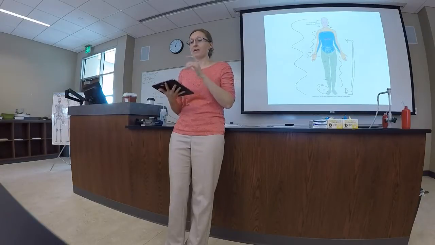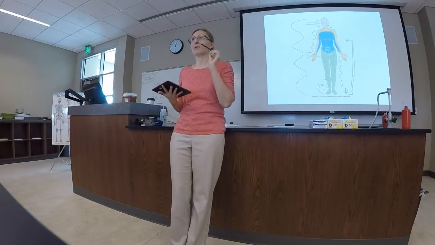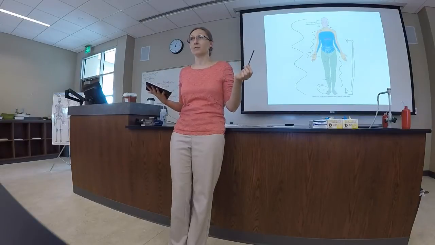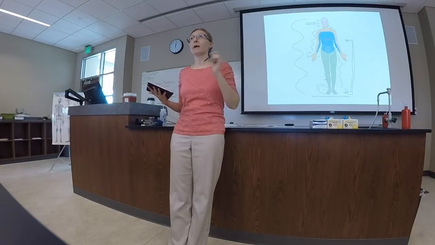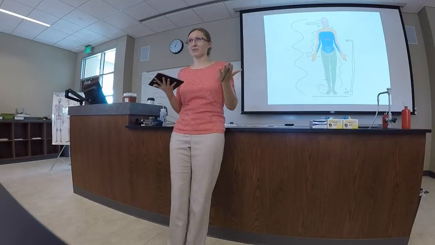If I gave you this figure and I said, there's a lesion at the T8 level, can you tell me what areas you would have loss of motor function and sensory input? That's what I want you to understand from this figure.